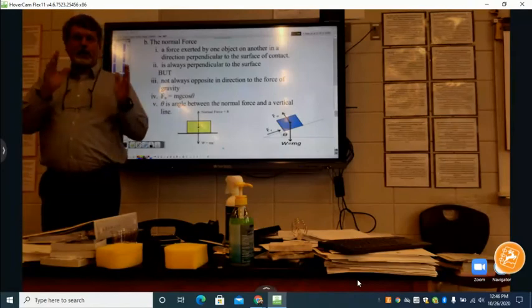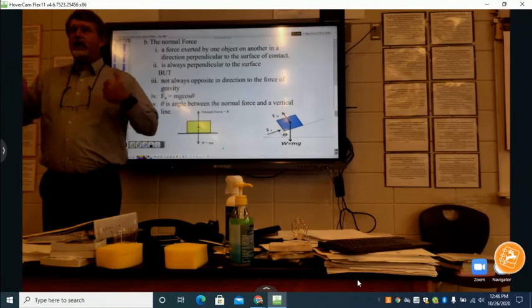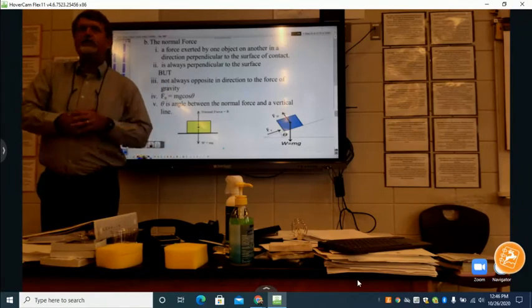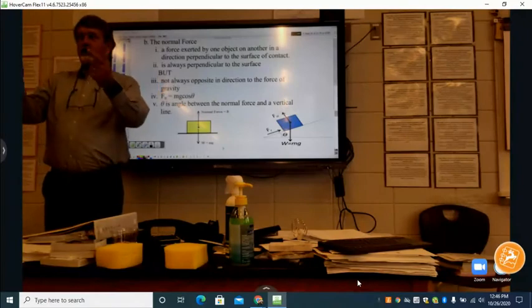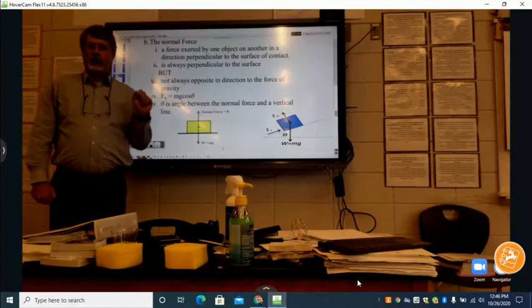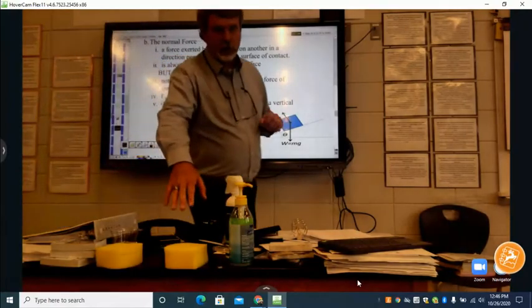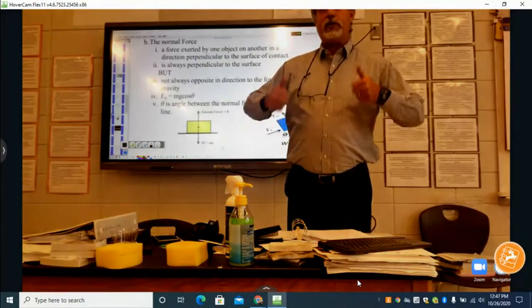Technically, it's not equal but opposite to the weight, because opposite my weight is me pulling on earth. Okay? But it is a reaction to that. So when this box pushes on the table, when these objects are pushing on the table, what's the reaction? Table pushes on the box, right?